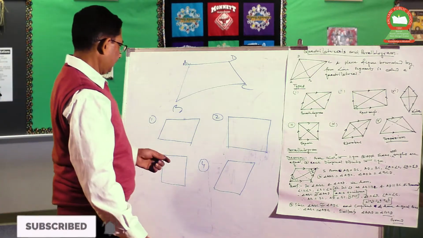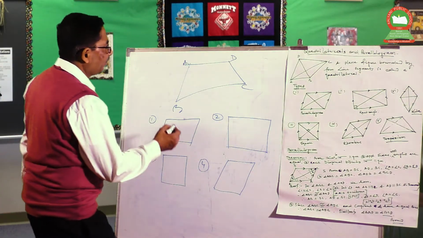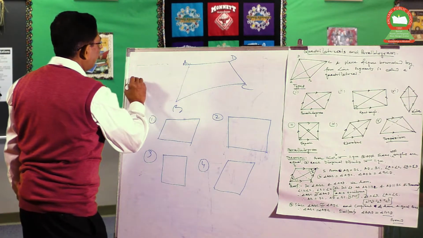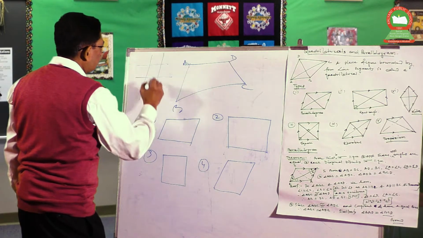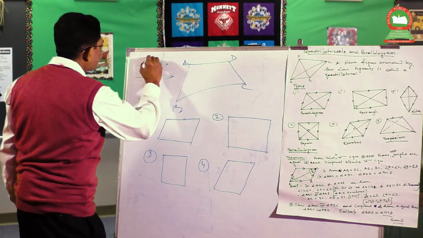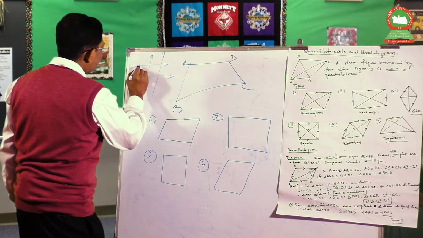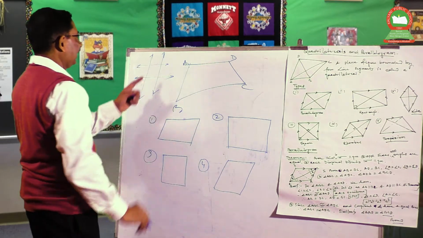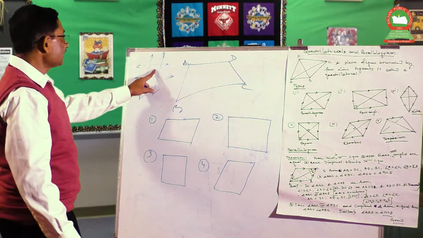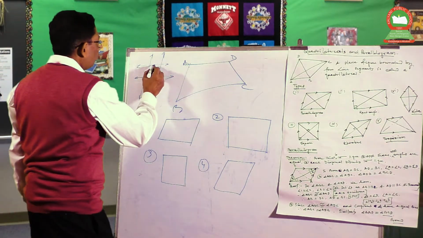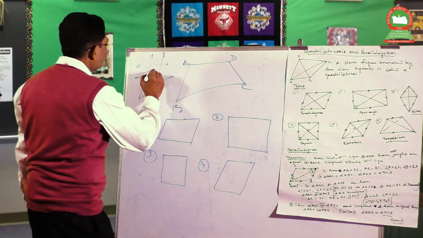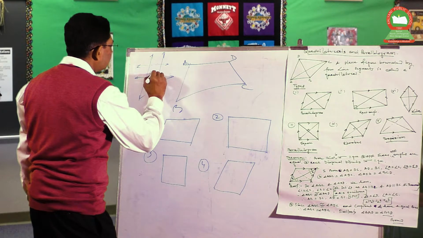See, first one, this is the parallel line, which we understand never meets another. These are the parallel lines. If two pairs of parallel lines intersect each other, then one quadrilateral is formed, and that is called a parallelogram.